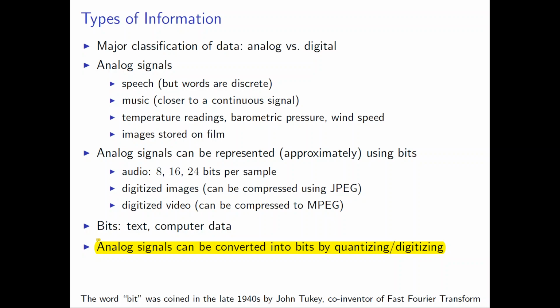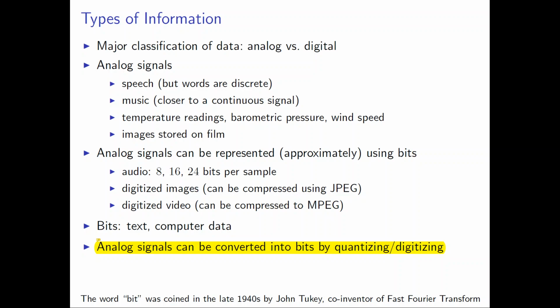Analog signal, if I ask you to give me examples of analog signals, you tell me speech is analog, music is analog, temperature reading, images stored on film. Anything that's continuous, that takes infinity number of values within a certain duration or between two different points, then this is analog. However, if you have a finite set of values during a certain duration, then you have what's called a discrete or digital system. Analog signals can be represented approximately using bits.